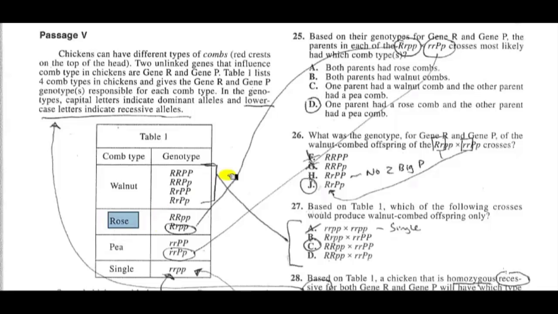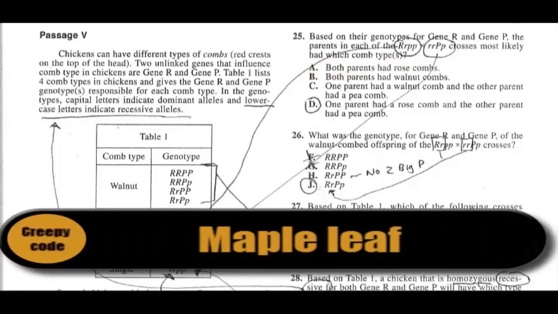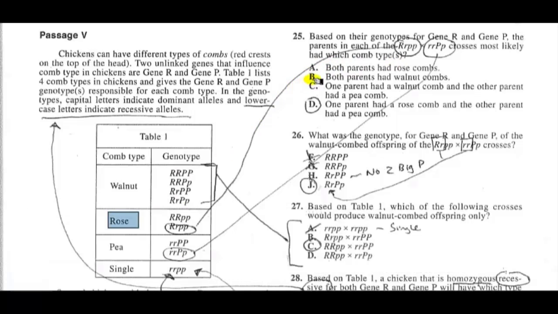Cross out answer choices that you know are wrong. Answer choice A says both came from rose. Well, we know that's wrong because one had to come from the pea. B says both parents came from the walnut. If you look in the walnut, walnut doesn't have either one of these genotypes, so that can be crossed out. C says one parent came from walnut and the other from the pea.